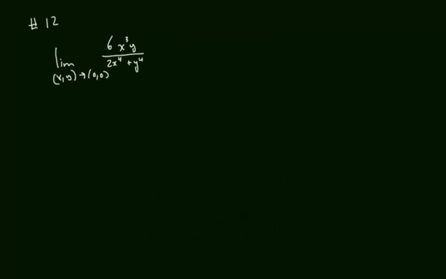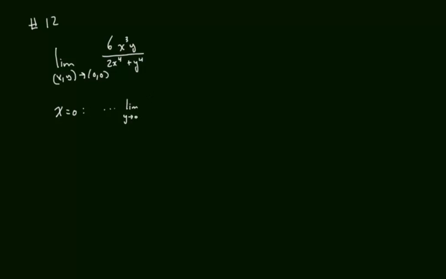Okay, let's take a look at this limit statement here, and we're approaching again the origin. So I could pick a path x equals 0. This is going to be the limit as y goes to 0.